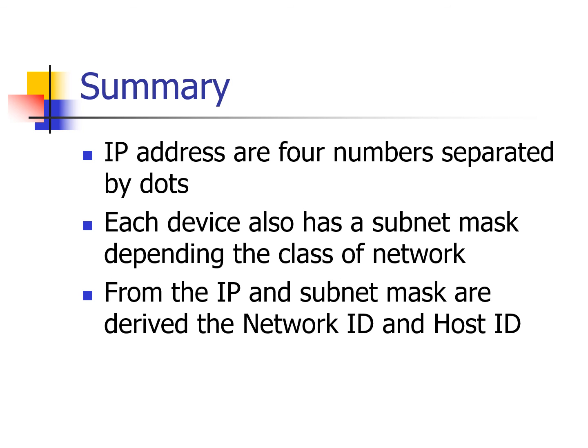In summary, every device on a network using IP version 4 has a unique address, and we represent these as 4 numbers separated by dots. Every device also has a subnet mask, and that depends on the class of the network, as does the IP address.